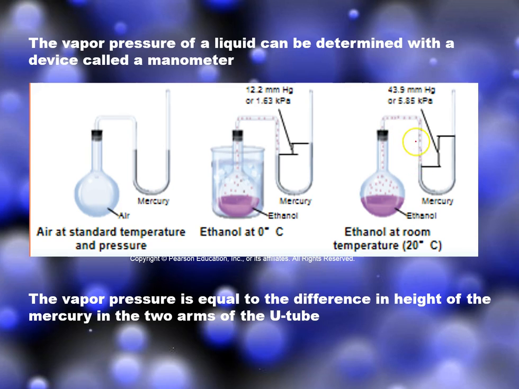So you have more particles pressing down on the mercury on this side, which pushes the mercury up on this side, and so we measure the distance between the two levels of the mercury, and that gives us the vapor pressure of the ethanol at room temperature. And that's a manometer, and that's how we measure the vapor pressure of a liquid.